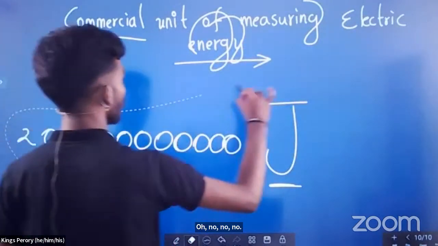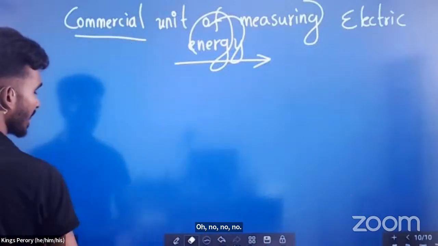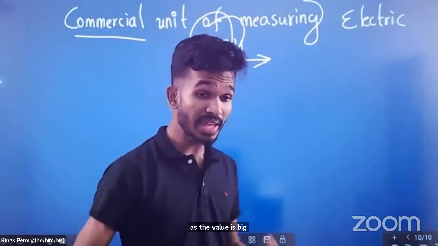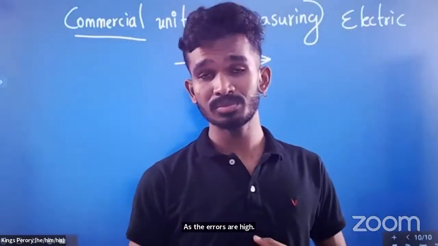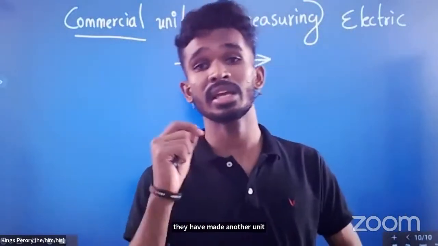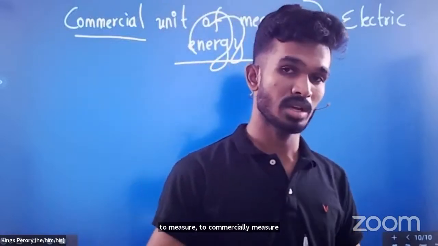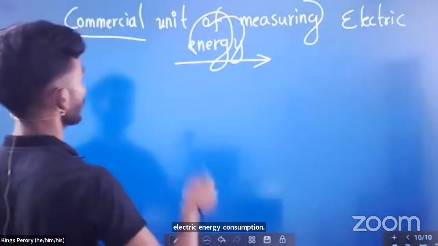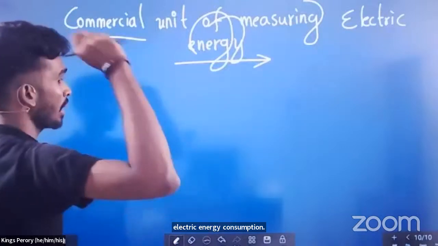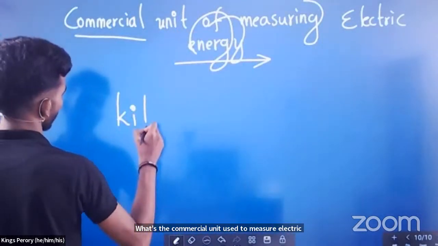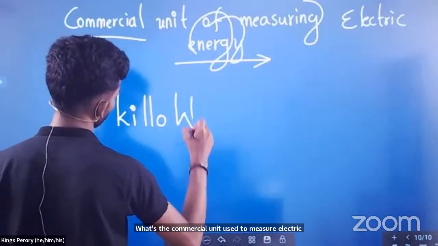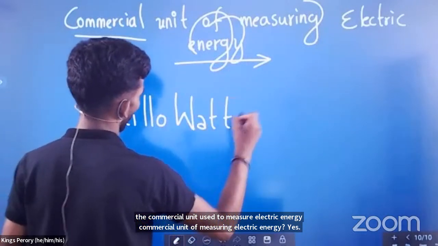As the value is big and the errors are high, they have made another unit to commercially measure electric energy consumption. What's the commercial unit used to measure electric energy? The commercial unit of measuring electric energy is kilowatt hour.